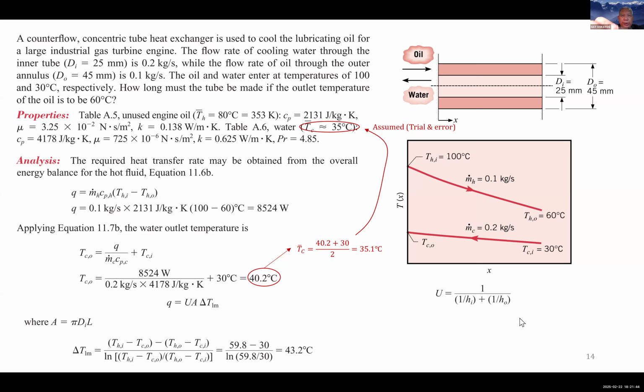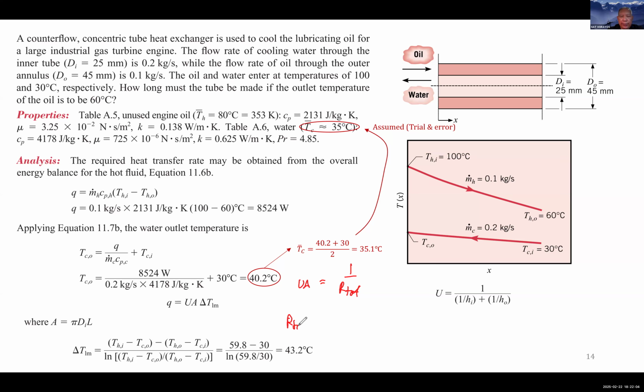You already know that UA is equal to 1 over R total, right?